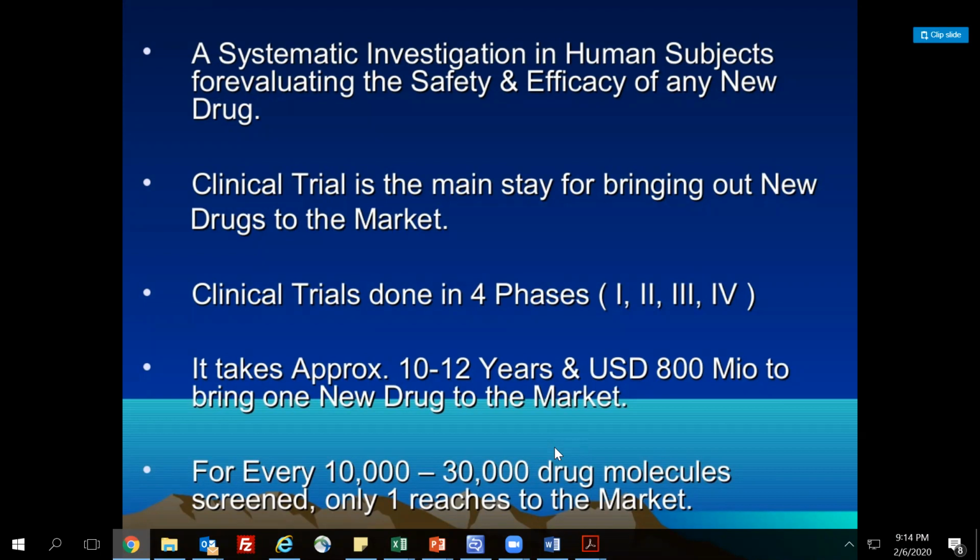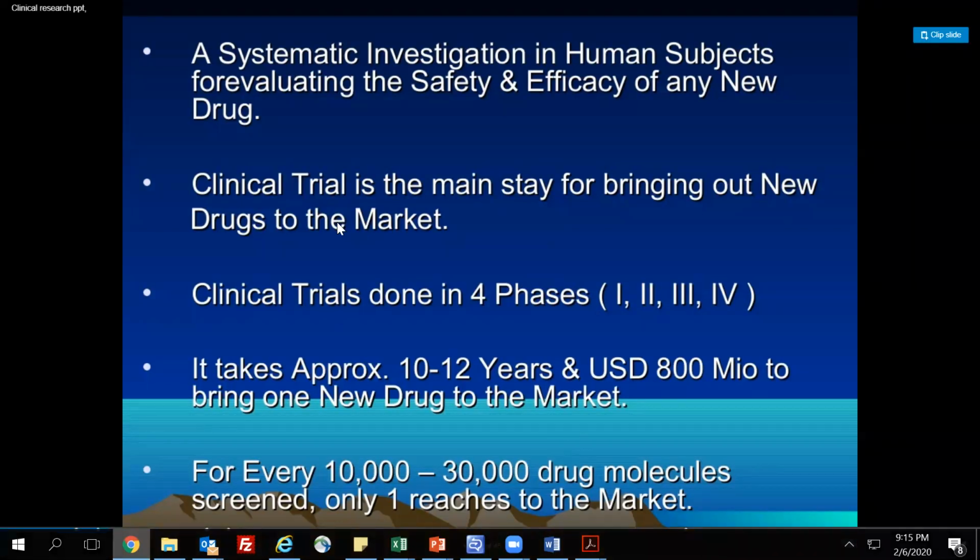So that investigation is done in human subjects. Whenever an investigation is done in any human subject, that's nothing but called a clinical trial.